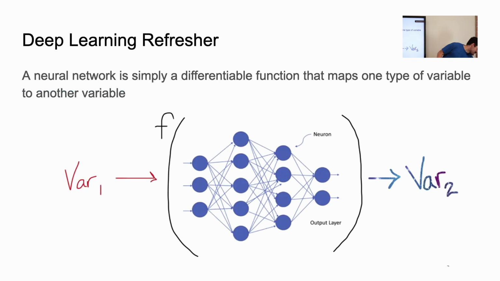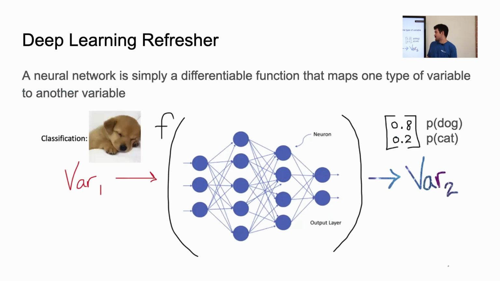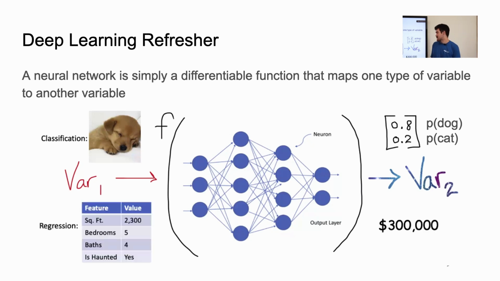So these variables could be images, and if the task is classification, your next variable might be a vector with probabilities that the image contained certain animals, or in a regression model, you may take in certain values representing features of a house, and the output variable is the predicted price of that house.